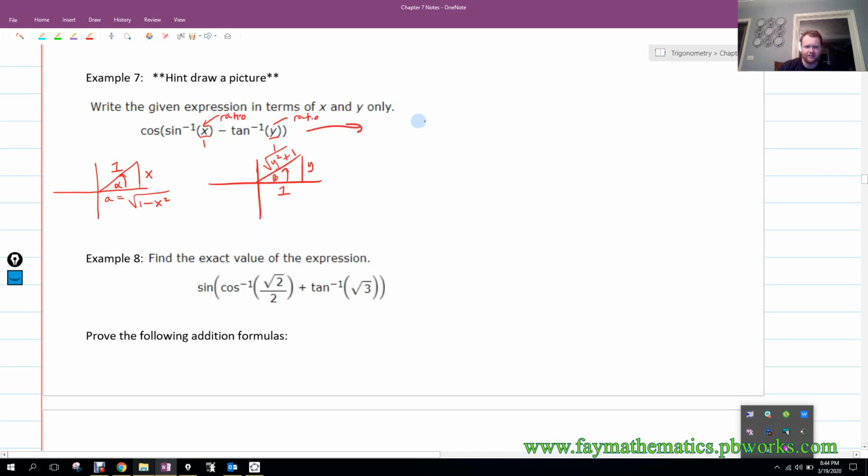So this thing here just turned into cosine of some alpha minus some beta. Well, what does that mean? That means cosine, cosine, sine, sine, with alpha and beta.